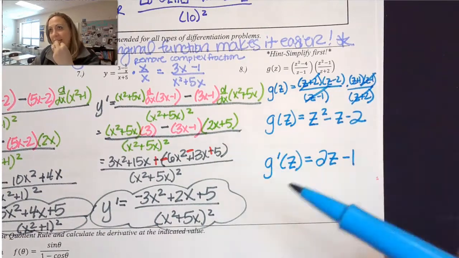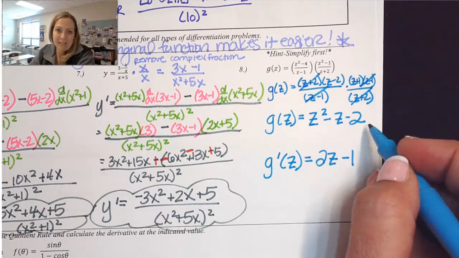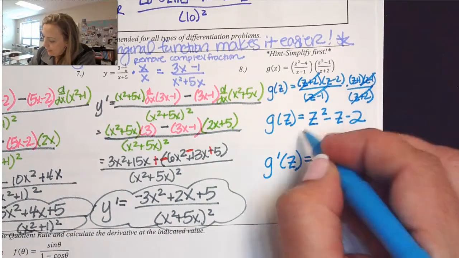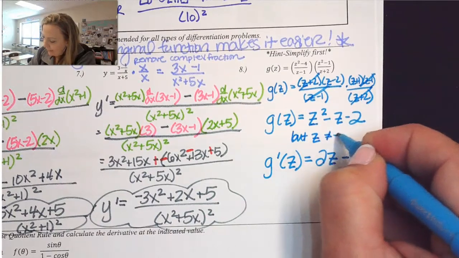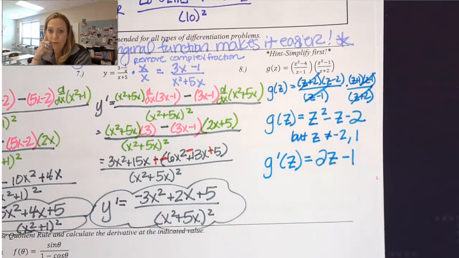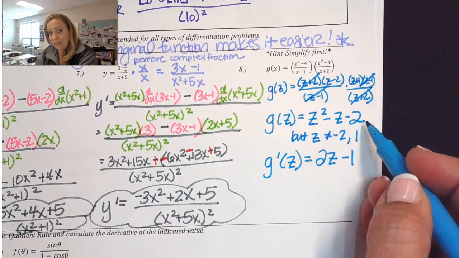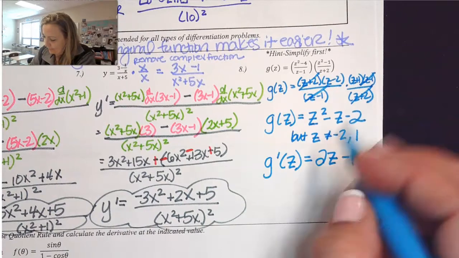So when we cancel things out, and it's not evident that those make the function undefined, we should make a note of that, all right? Let's make a note that z cannot be negative 2 or 1. And because it wasn't evident in the function after we canceled, it's not evident in the derivative either, right? But we need to state that.